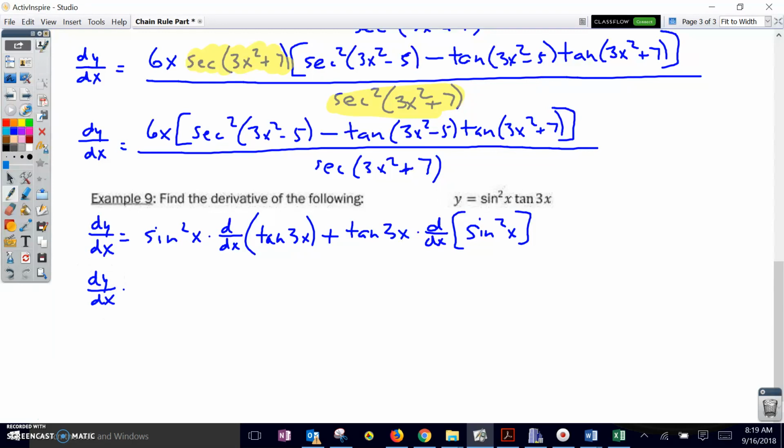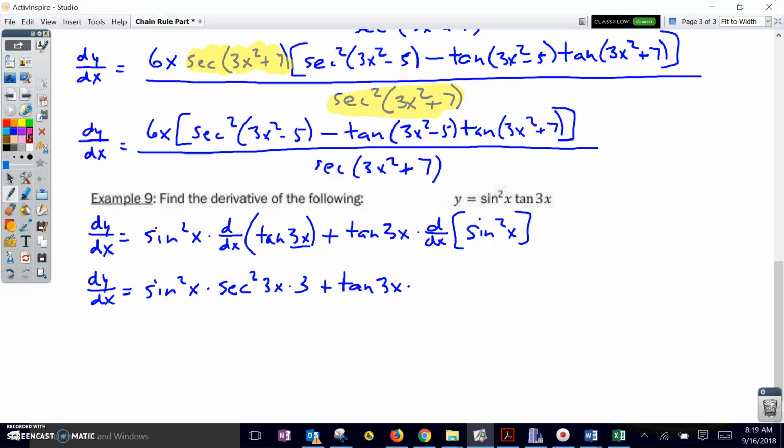First, the derivative of the tangent of 3x. We take the derivative of the outside, leaving the inside the same. That's secant squared of 3x times the derivative of the inside, and the derivative of 3x is just 3. And then we need to take the derivative of sine squared of x. And this is one that gets a little tricky for some people.